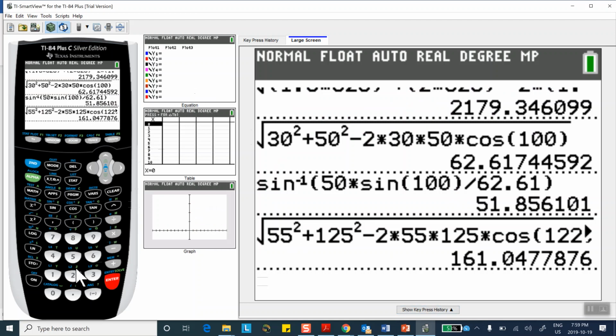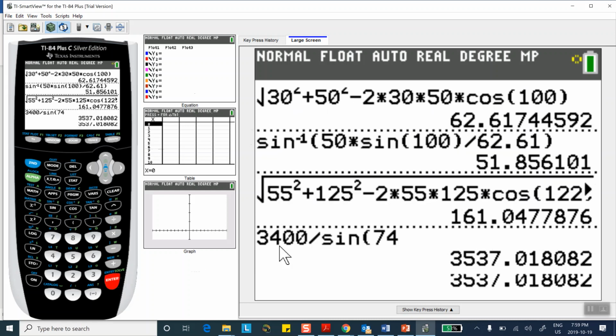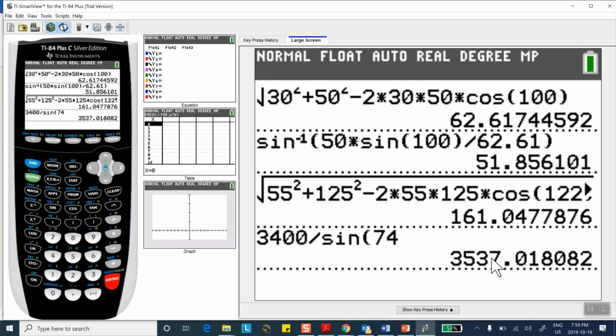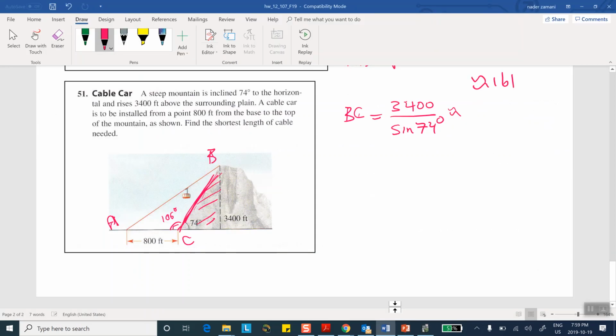3,400 divided by sine of 74. That number is 3537. So that length BC is 3537.